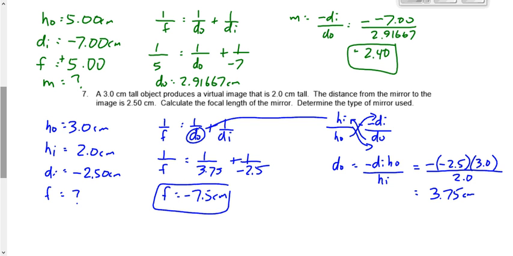There's the focal length. Now what kind of mirror is this, converging or diverging? The negative focal length tells us, right? A negative focal length goes with a virtual focal point, and a virtual focal point occurs when we have a diverging lens or a diverging mirror.